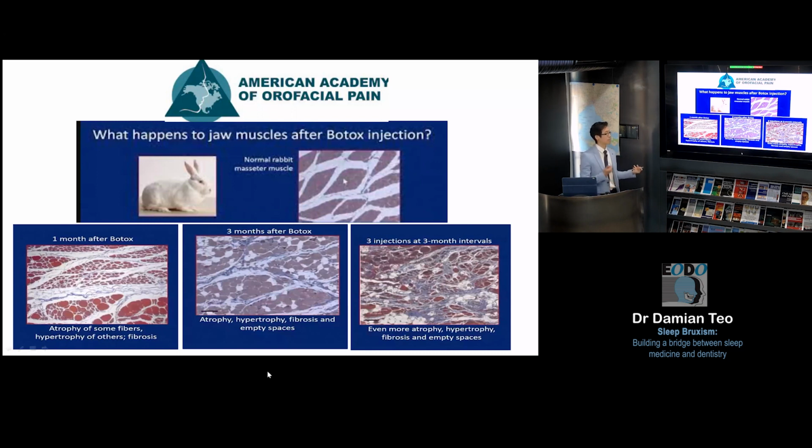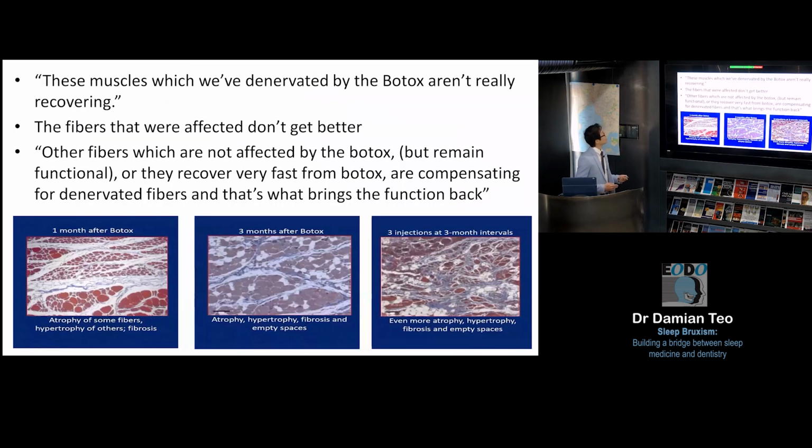And if they did more Botox at this 3 months, there was even more atrophy, hypertrophy, and fibrosis. So if we're seeing patients who are just doing Botox every 3 months, we're potentially atrophying their masseter or temporalis muscles over the long term, and they may never return to normal function. That pretty much explains that.